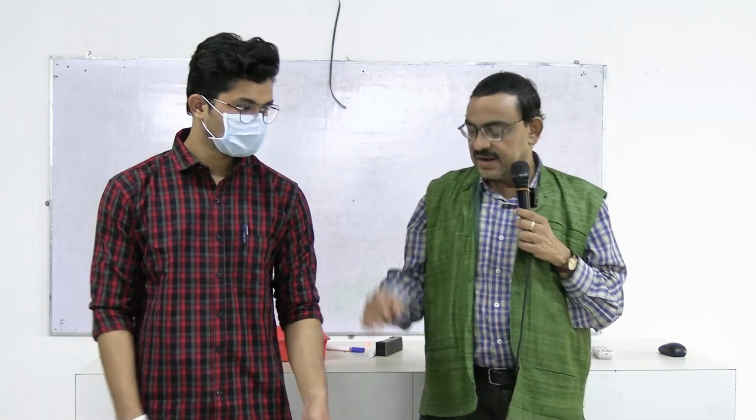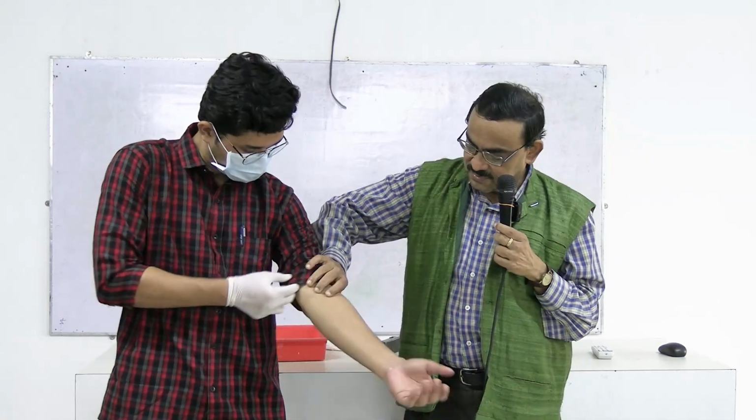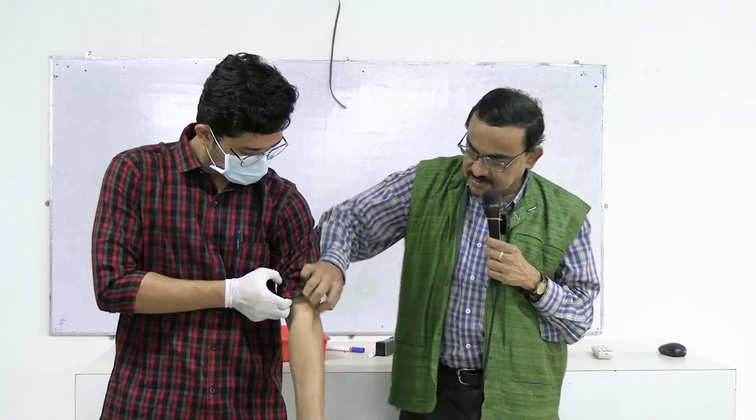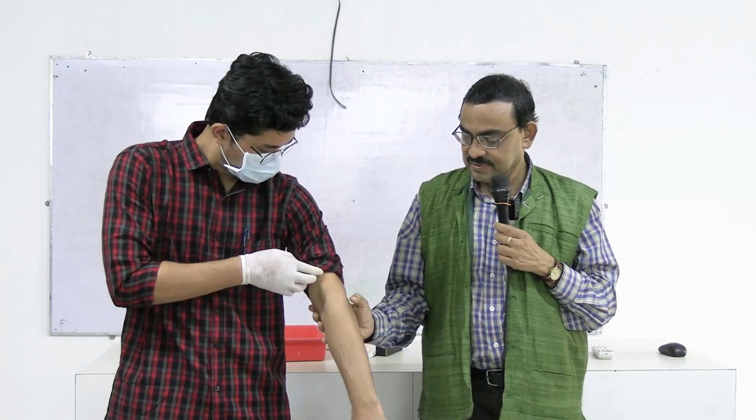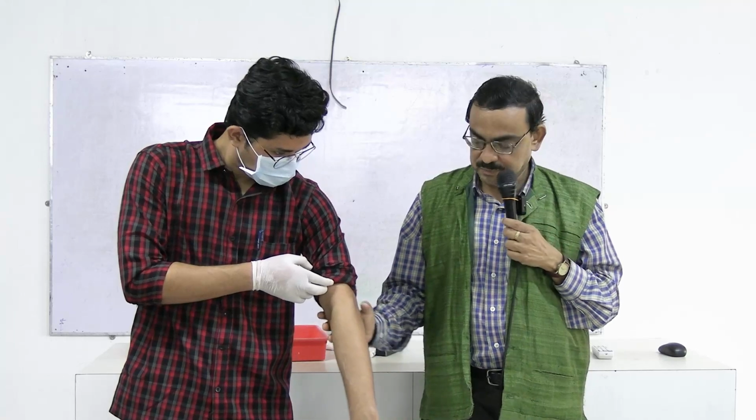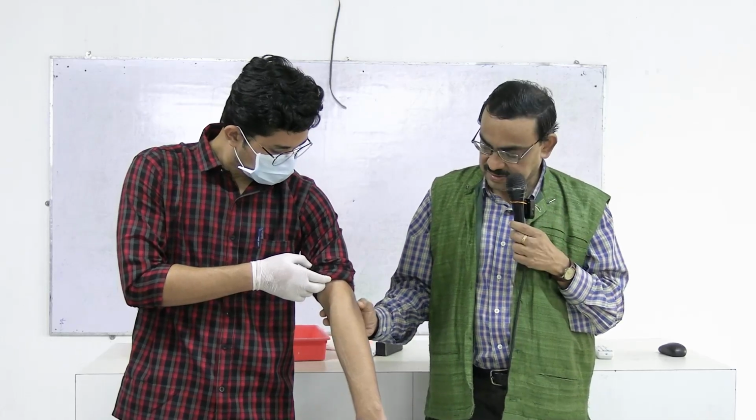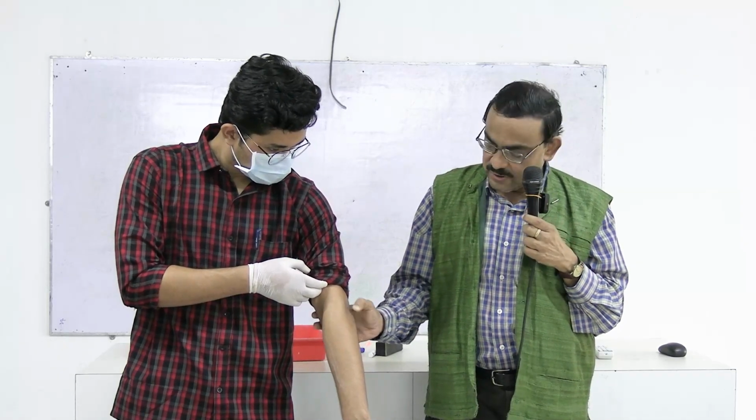Next, head of the radius. On the extensor surface, when we are looking at the back of the elbow, we get the olecranon process. If we go lateral to it, we can find a depression. Within that depression, we can feel the head of the radius.